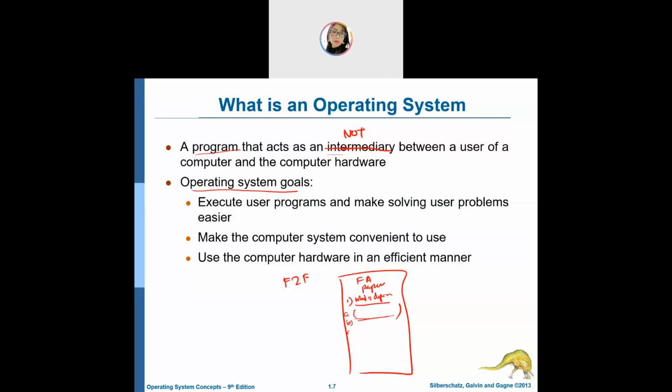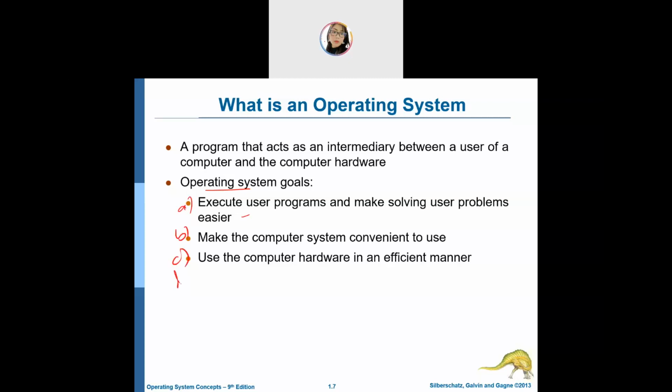And then after that, for the operating system, you can see 1, 2, 3. Maybe we will ask which is not the aim or goal of the operating system. We give A, B, C, and then we pick another one, D, as a wrong answer. So this is what you're supposed to answer.